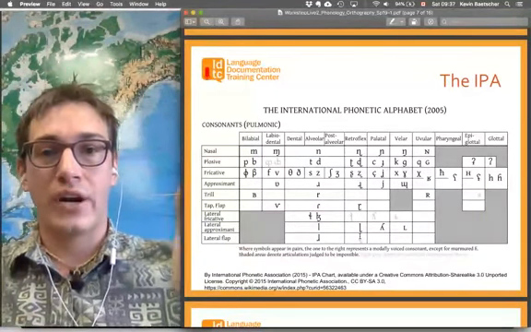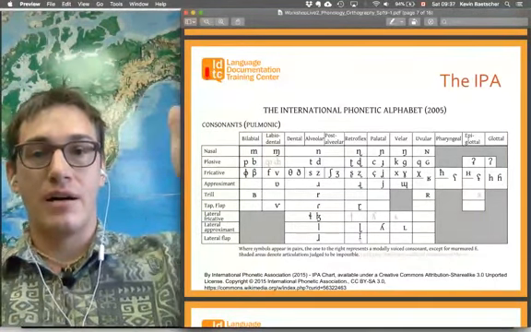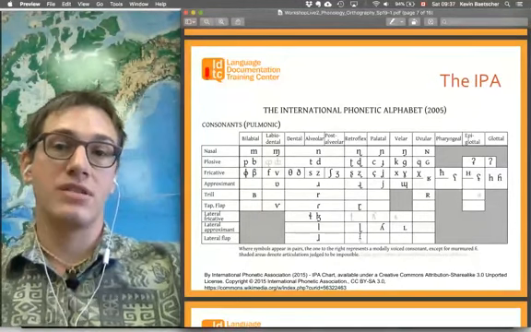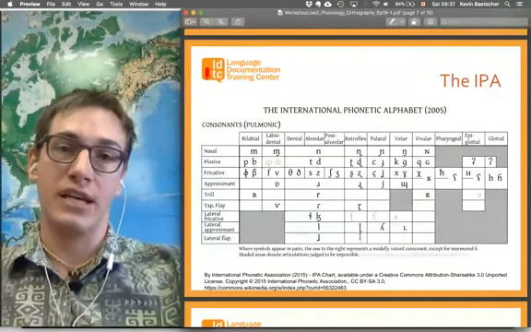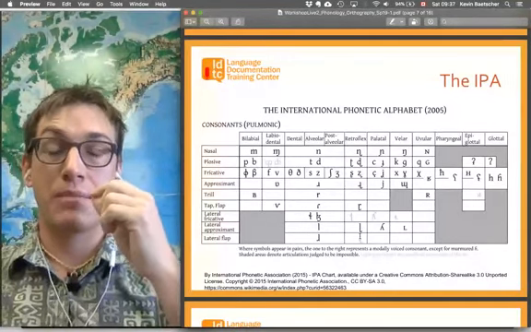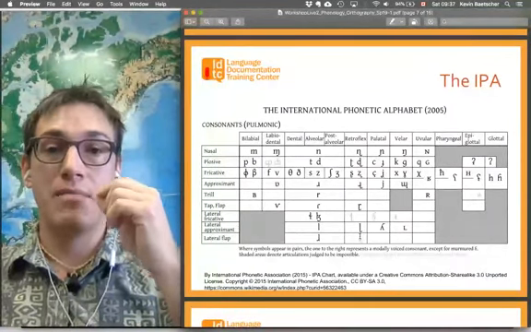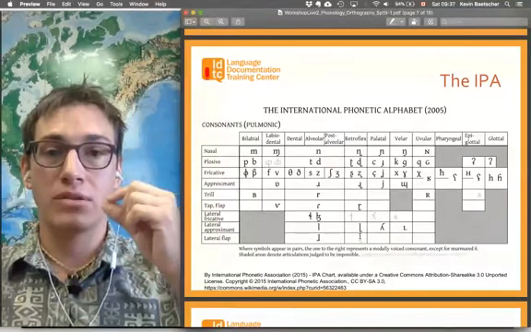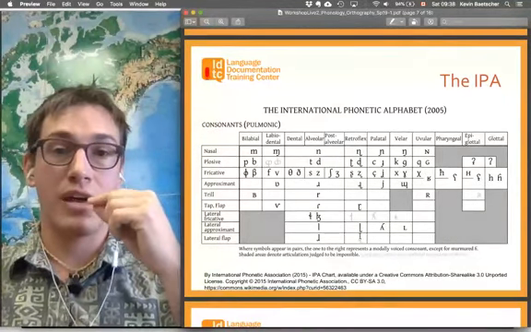And the way it is organized is that if you go from left to right, you see different points of articulation. The first one is with your lips, like when I pronounced the words me, be, p before. They're all pronounced with your lips coming together, right?